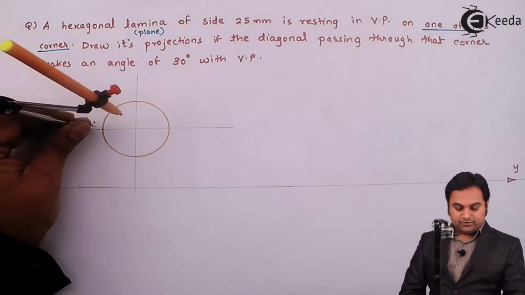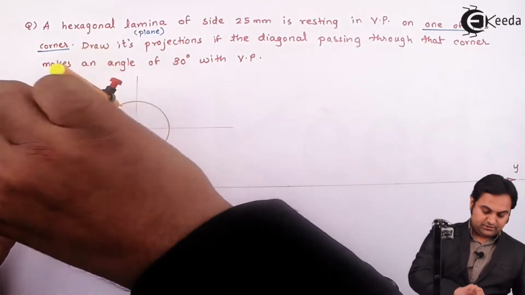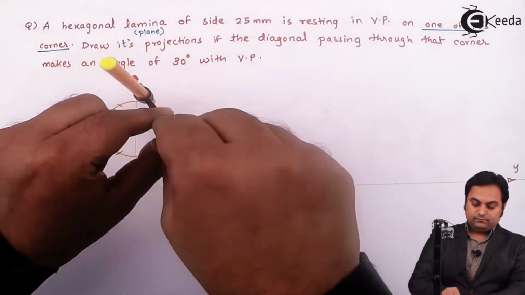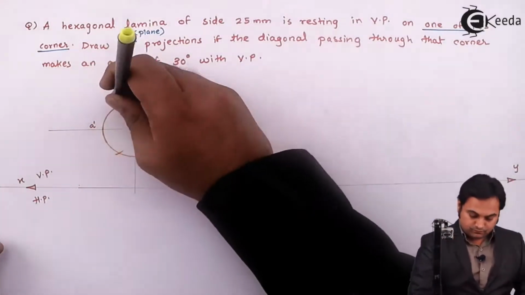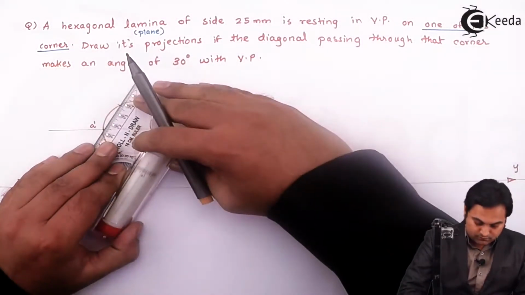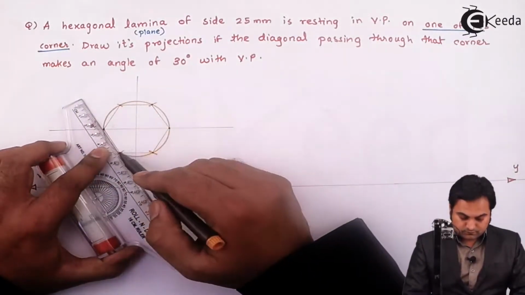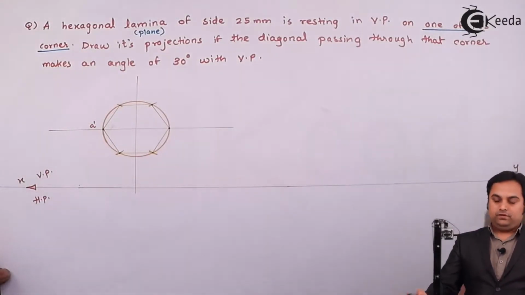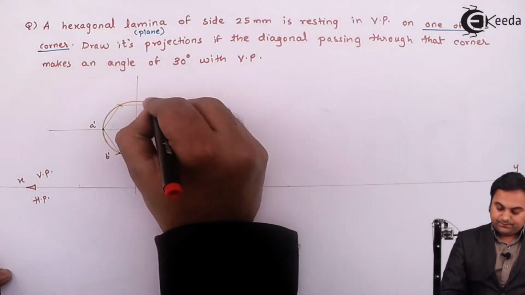Next, from the same corner, I'll draw two arcs cutting the circle. Joining all these points in the proper sequence. So this is the hexagonal lamina. I'll give the remaining notations here. That is B dash, C dash, D, E and F.